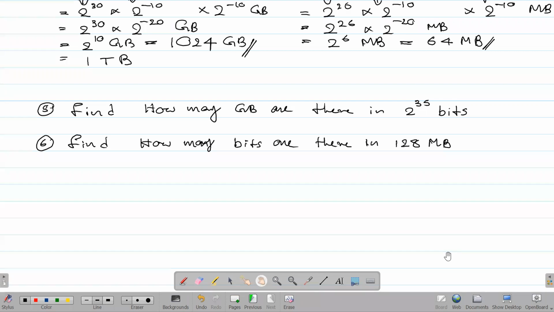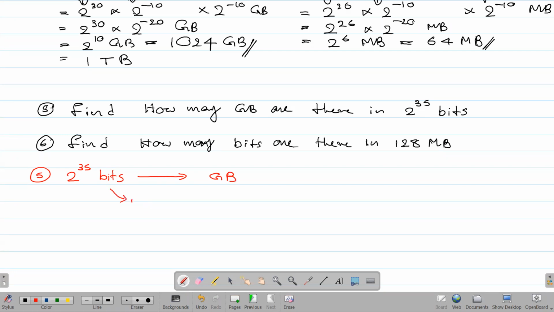I think there's a mistake. Hold on. Right. So the fifth one is all about converting 2 to the power 35 bits into gigabytes. Journey is a little bit lengthier.